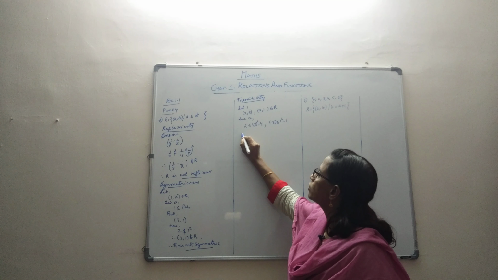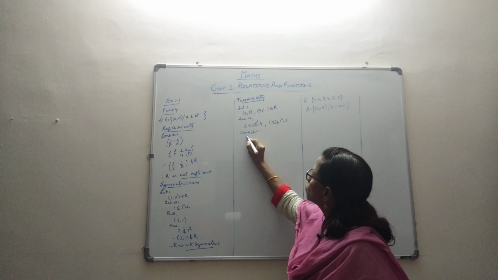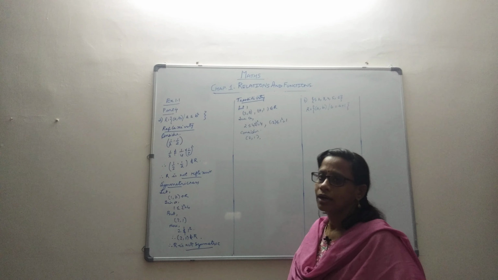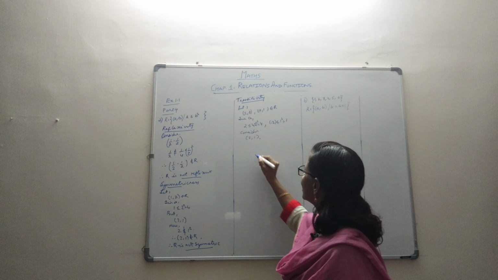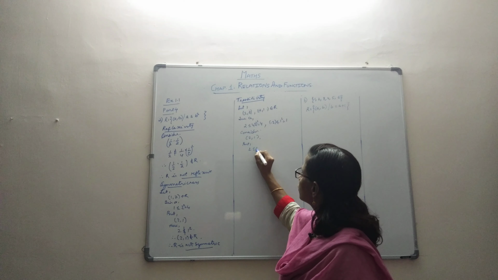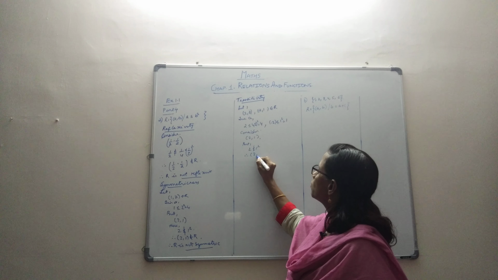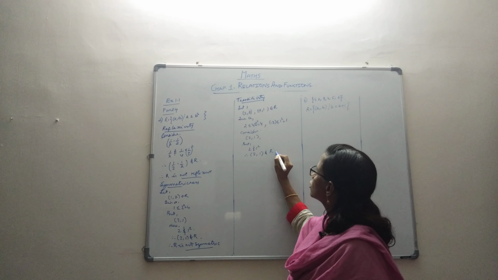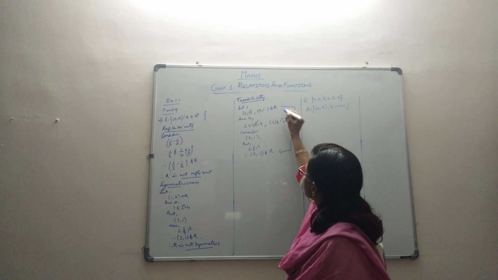Therefore, we have to consider (2, 1). We have seen it here, right? (2, 1). But 2 is not less than or equal to 1 squared. Therefore, (2, 1) will not belong to R. So, starting with 2, we have reached here.